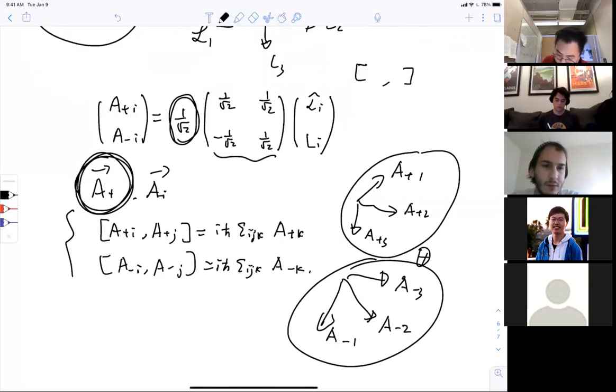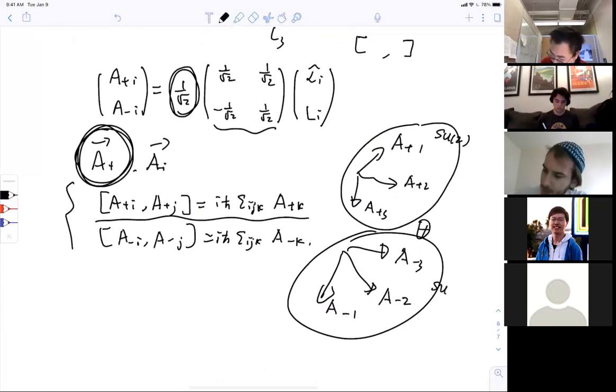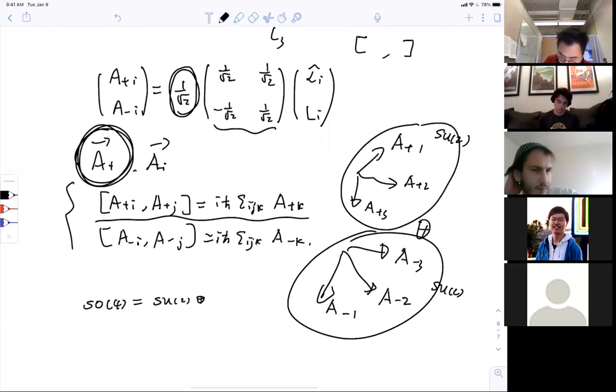And you realize that this algebra is nothing but the algebra of SU2, right? This is why we always write so(4) equal to su(2) direct sum su(2).